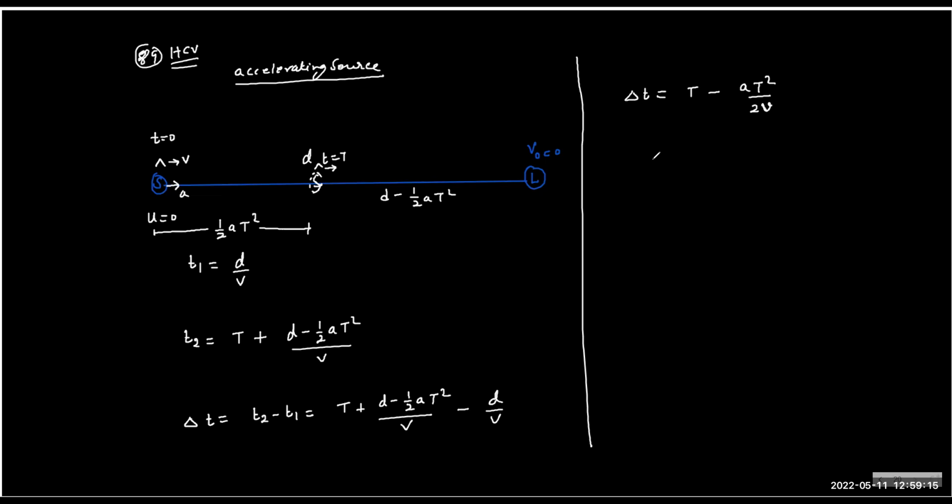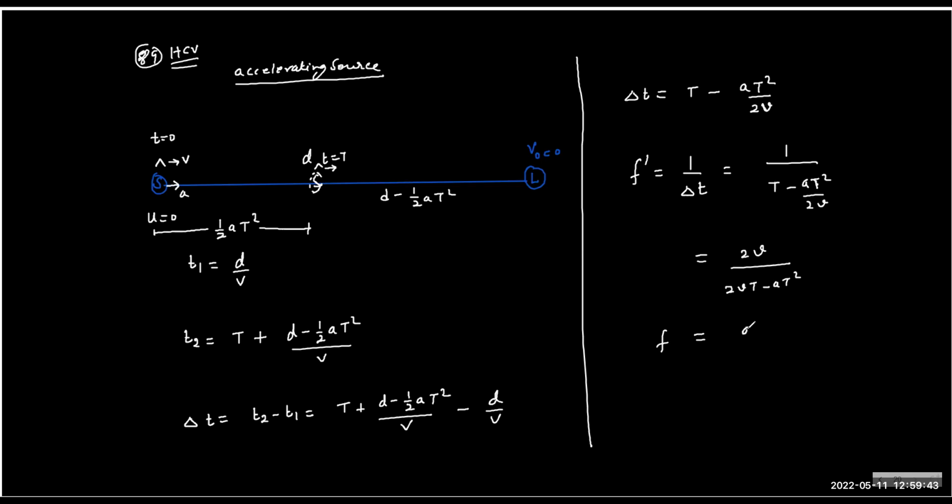Yes. So the apparent frequency, not beat frequency, we define as the inverse of the time interval between two successive notes. So 1 by that, the answer is 2V upon 2VT minus aT square.